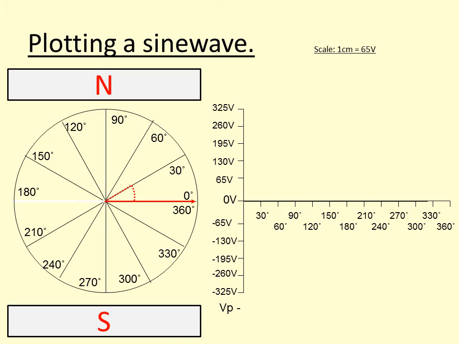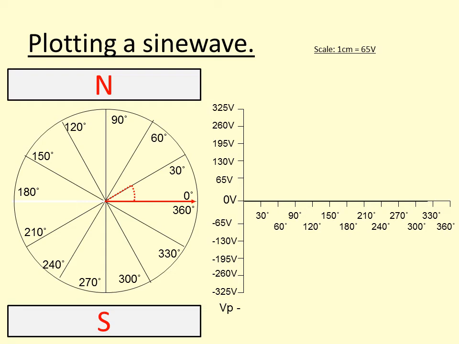The reason for doing the instantaneous values is that it allows us to plot a sine wave. With this red line, which is at 0 volts at the moment, as it rotates around the magnetic field, as it loops round in a circle, you'll see that at 90 degrees it cuts the magnetic field at its maximum, and therefore produces the most EMF.